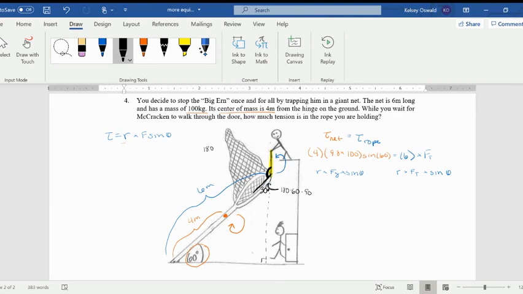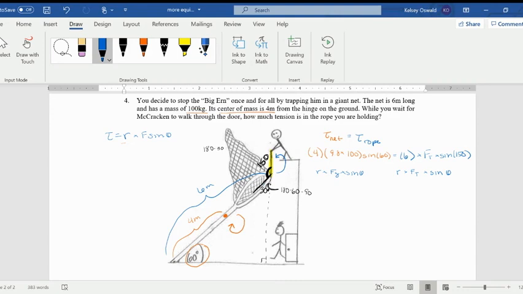If we want to find that missing angle, we would do 180 minus 30 and find that the rope is going to make a 150-degree angle with that net. So we're going to want to multiply by the sine of 150, because that rope is pulling up at a 150-degree angle with regards to that net.